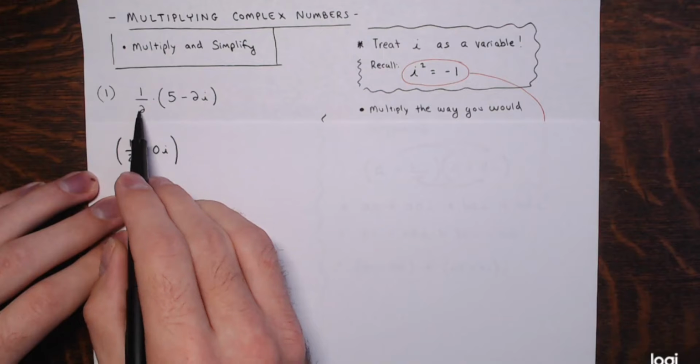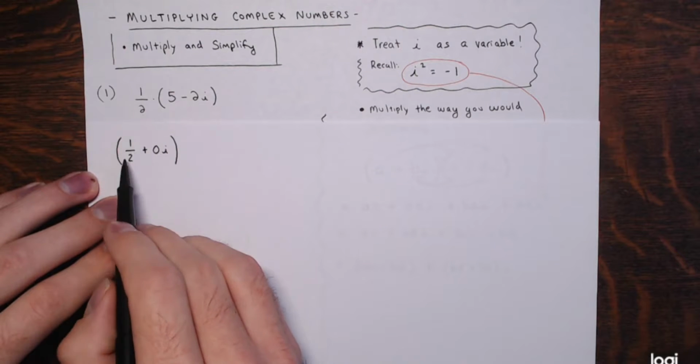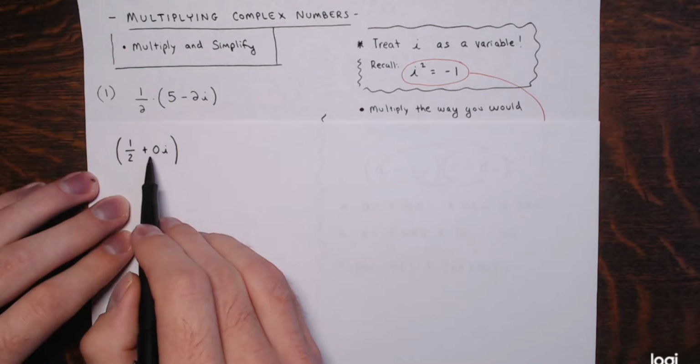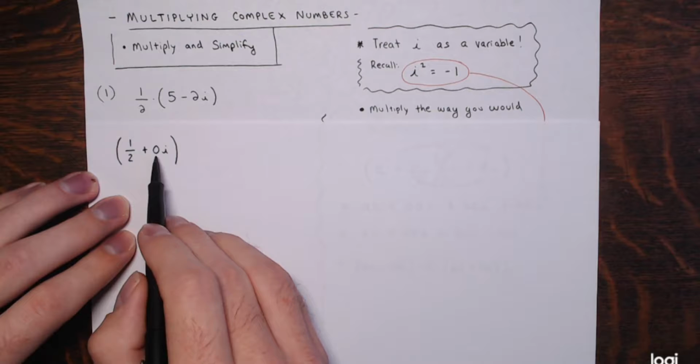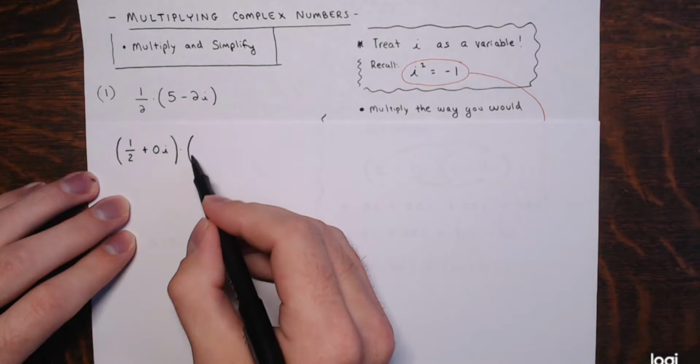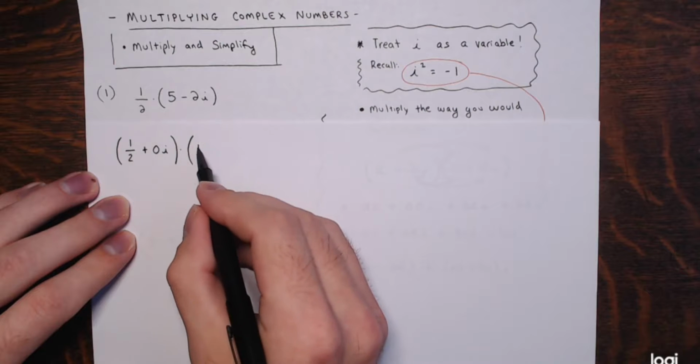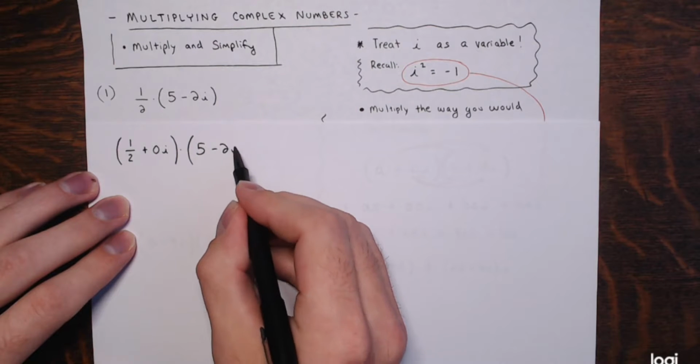That's if a number is strictly real, then the imaginary part would be 0. Now 1/2 is the same as 1/2 plus 0i. And then you have times this other complex number with a real part of 5 and an imaginary part of -2. That's 5 minus 2i.